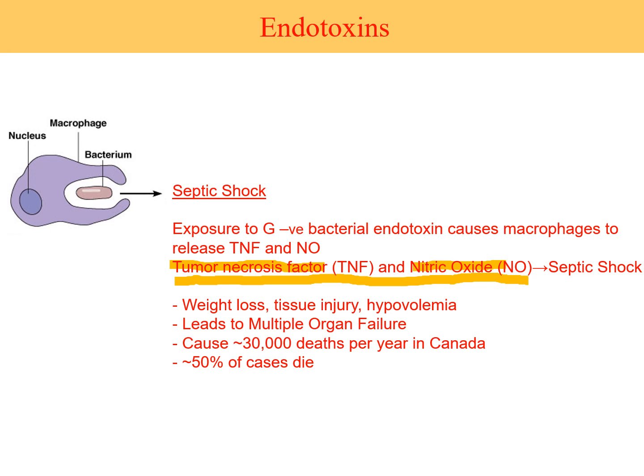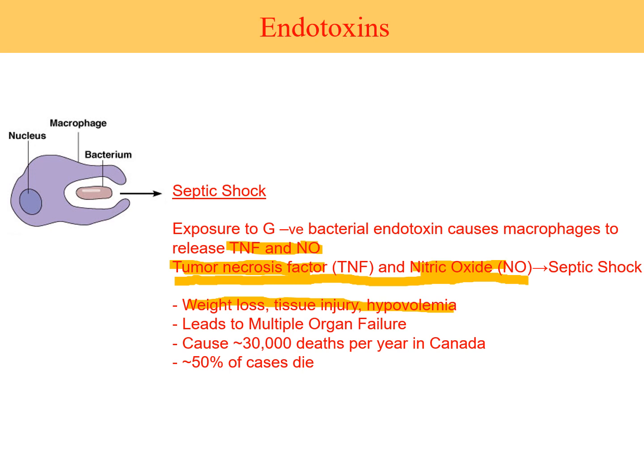The macrophages release the molecules because both TNF and NO, the abbreviations for tumor necrosis factor and nitric oxide, have antibacterial activity. But when released in too large amounts, they trigger weight loss, tissue injury, and hypovolemia, a drop in the volume of fluid in the vasculature, because it gets leaky and fluid moves out.